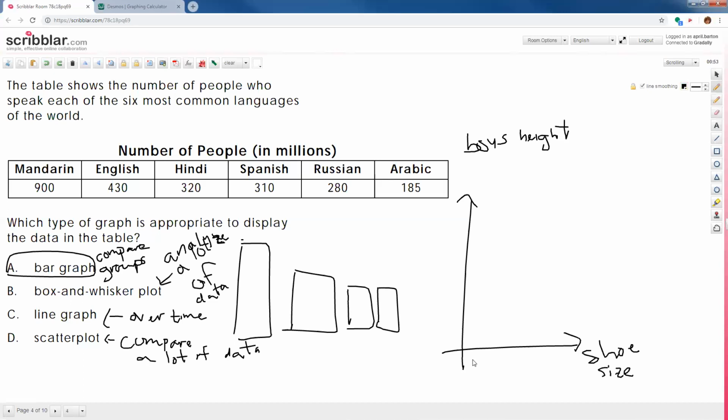It would end up with a bunch of data, like if you had someone that had a shoe size of 12, he's probably pretty tall.